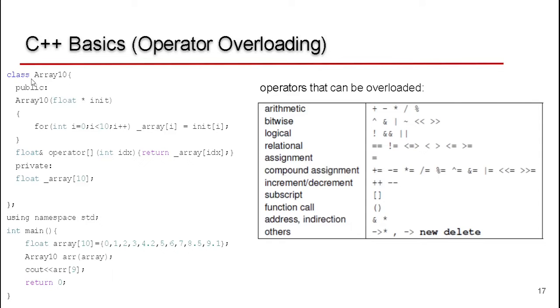When you define a new class, you define the operator. So let's say we have our own implementation for an array with 10 items, we call it array 10. We need to access the items. Usually we define a function, we say read, and in the return we return the item inside this array.